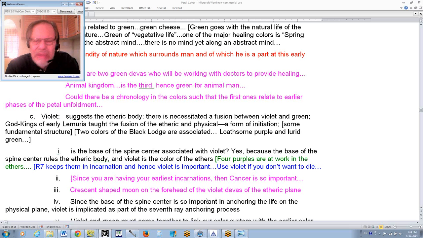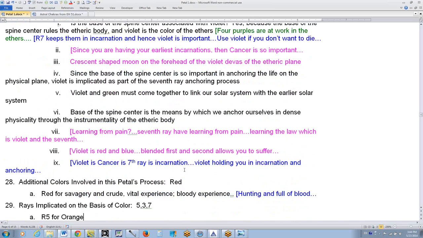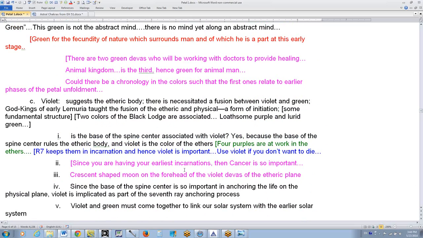So let's see now. I wonder if these, what I'm talking about here, are ancillary. Yes, they are. They are just some additional thoughts in relation to violet. It's the earliest incarnation, so Cancer is going to be important. The color of Cancer given by the Tibetan is violet. There's an anchoring going on here.